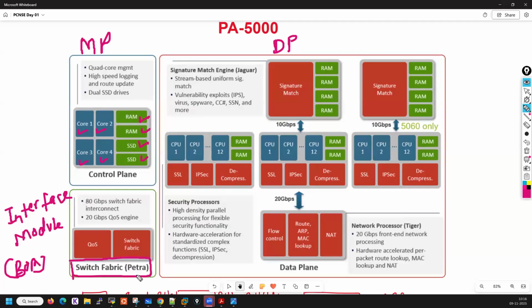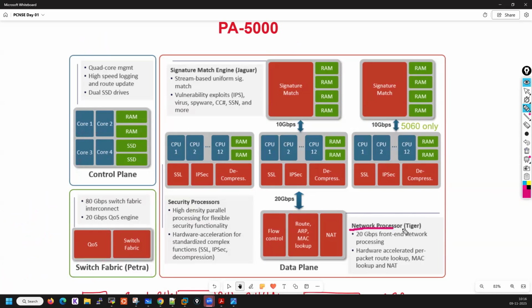And we have a Petra chip at the switch fabric level. Okay. And after this switch fabric, we have a network processor. And you know, guys, in PA-5000 series boxes, this network processor chip name was Tiger.